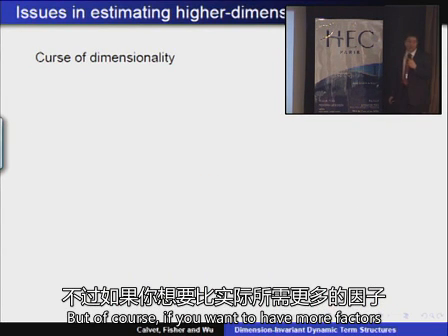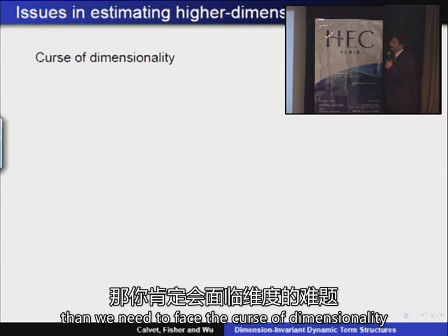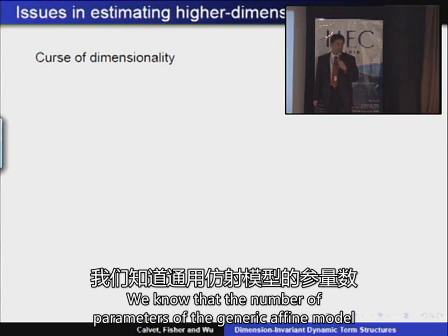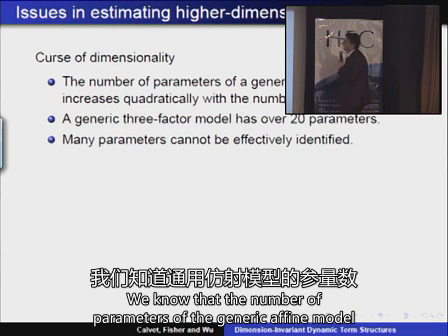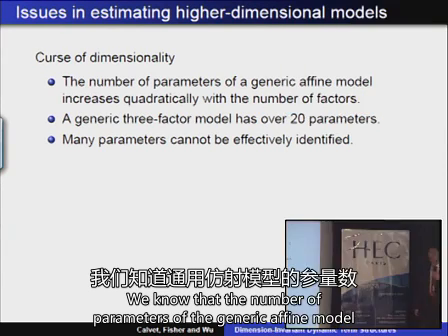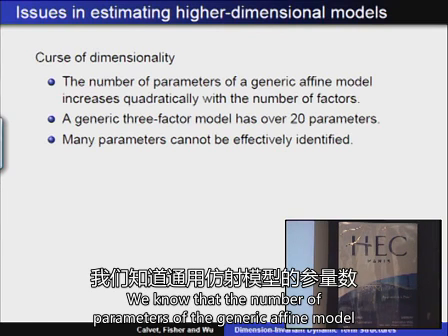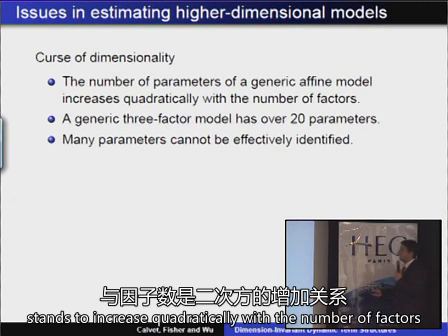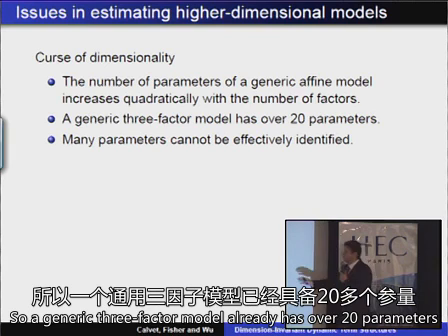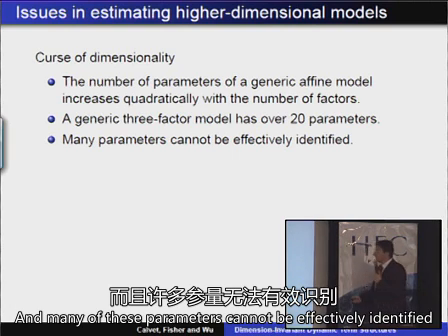Of course, if you want to have more factors, then we need to face the curse of dimensionality. The number of parameters of a generic affine model tends to increase quadratically with the number of factors. A generic 3-factor model already has over 20 parameters, and many of these parameters cannot be effectively identified.